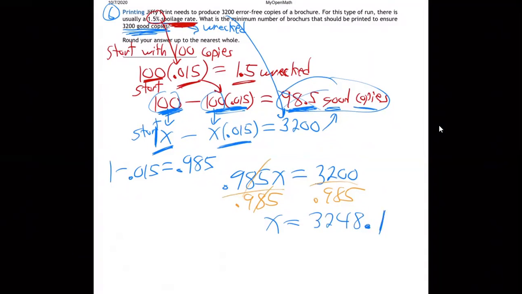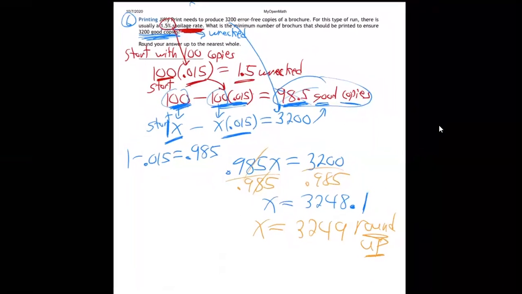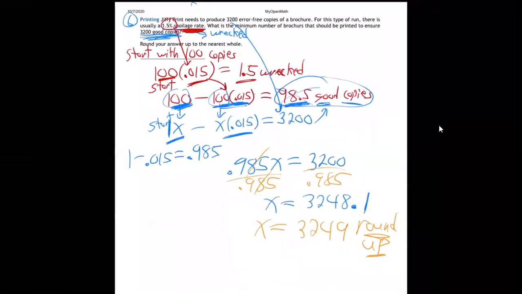Now, I want to point out, I'm going to pretend this came out 0.1. It really came out 0.73. But I want to show you, even if it came out 0.1, we are going to round up. Why? Well, because first off, they said it right here. They said round up your answer to the nearest whole number.